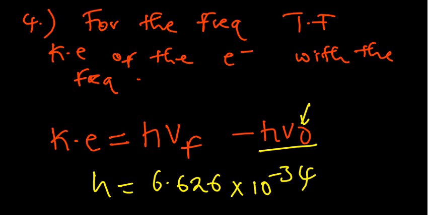If they give you the final frequency and the kinetic energy, you can find the threshold frequency. Or if they ask you to find the kinetic energy of electrons after emission, given the final frequency and the threshold frequency, you should be able to use this formula and apply it. It's very useful and applicable under the study of the photoelectric effect. This summarizes everything you have to know under the photoelectric effect.